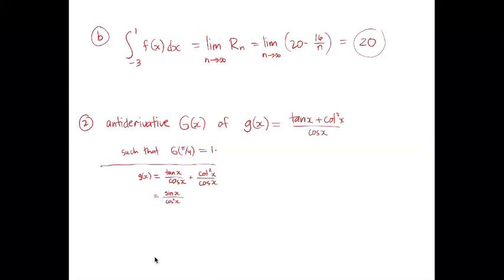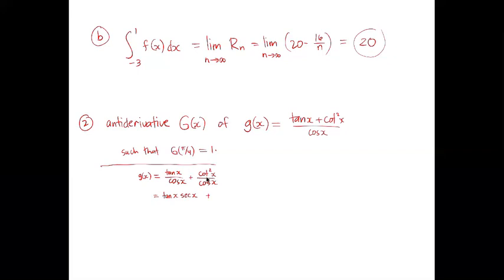Now, for this one, instead of rewriting this in terms of sine and cosine, we have tangent of x times 1 over cosine of x. We can rewrite this, therefore, as tangent of x secant of x. That's for the first one here.